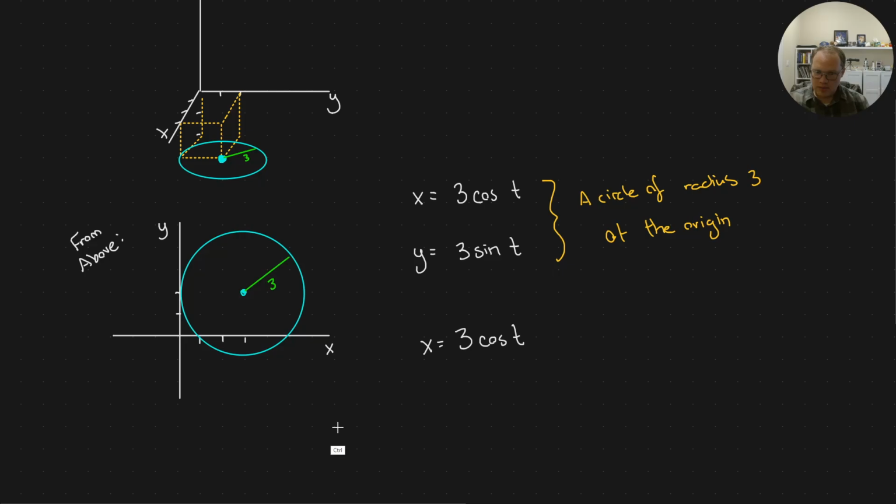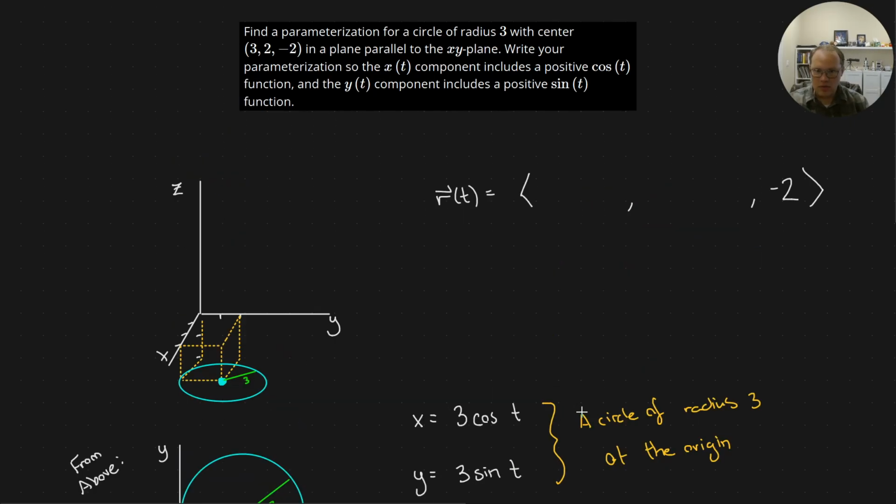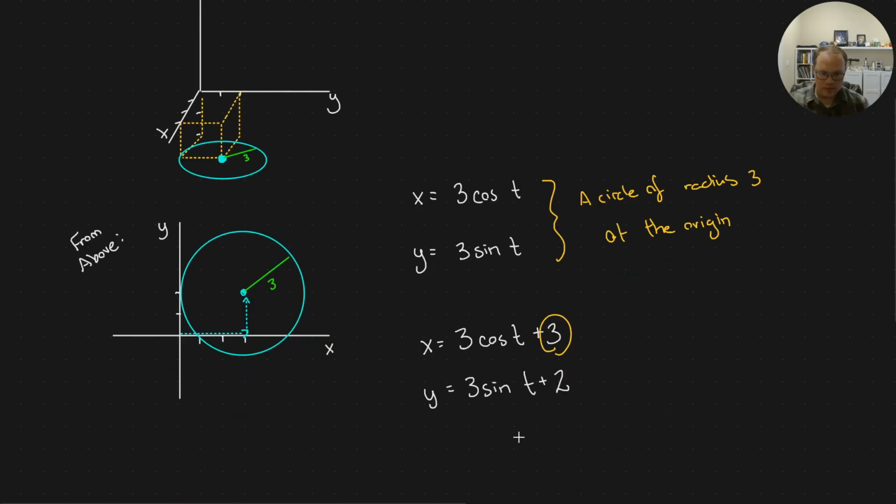That means I want to move 3 units in the x direction so I can get to that center, and then 2 units in the y direction. The y would be 3 sine t plus 2. So I'm just using our new center to offset the circle. And that's our x and y components.